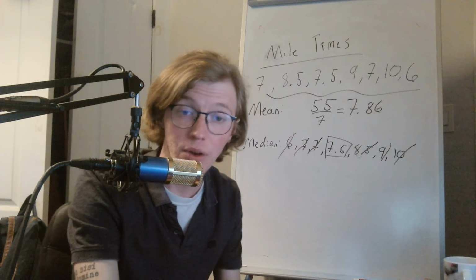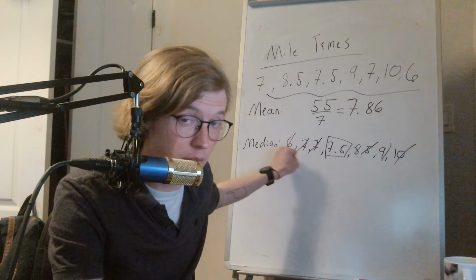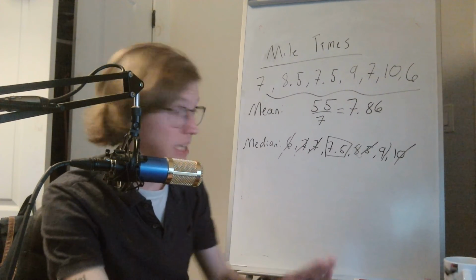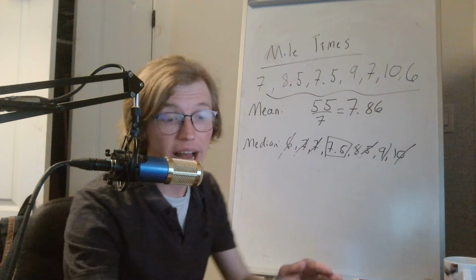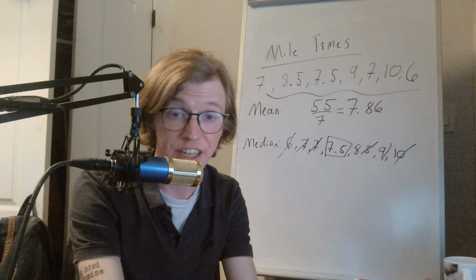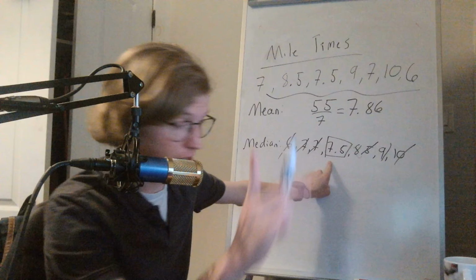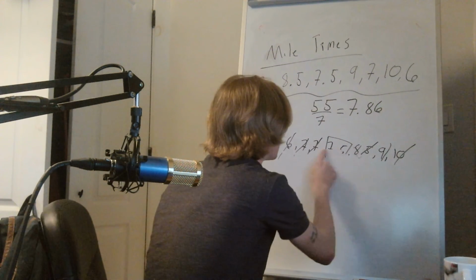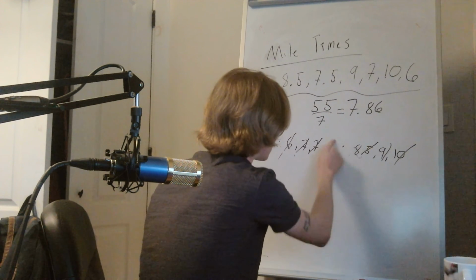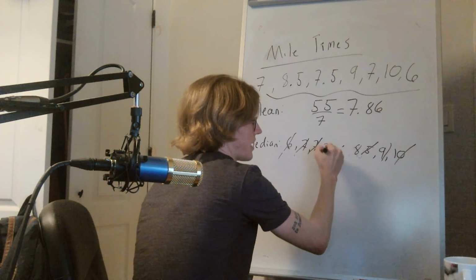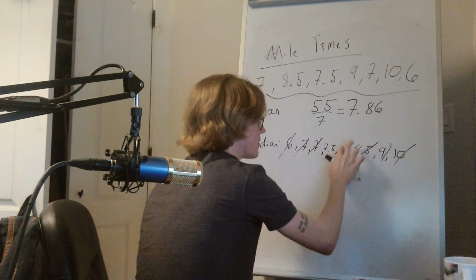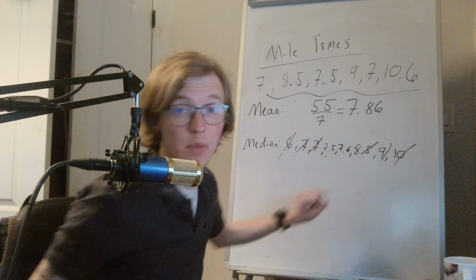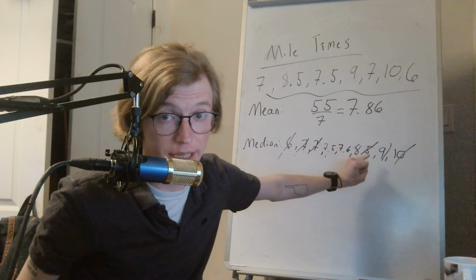Now, a quick note. This is when there's an odd number of observations. You get this nice, easy number in the middle. If, for example, you had an even number of observations, so let's pretend there was another runner. So we had our 7.5, but let's pretend there was also somebody who ran 7.6.